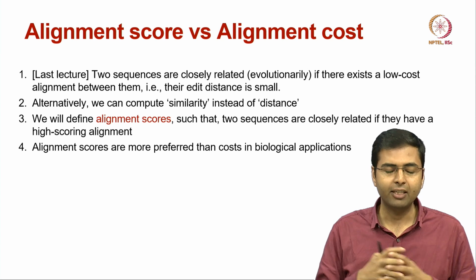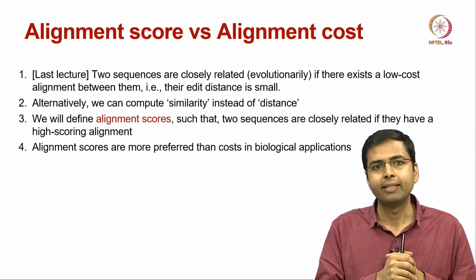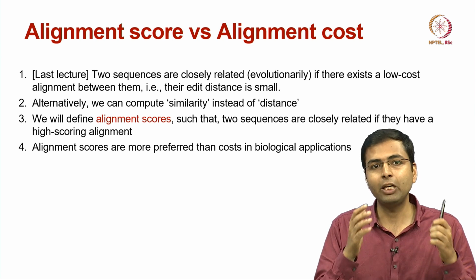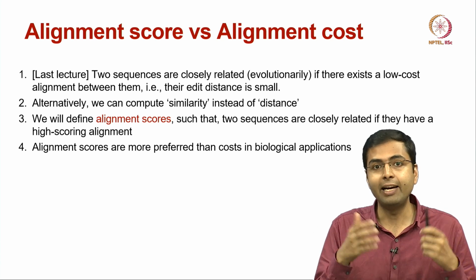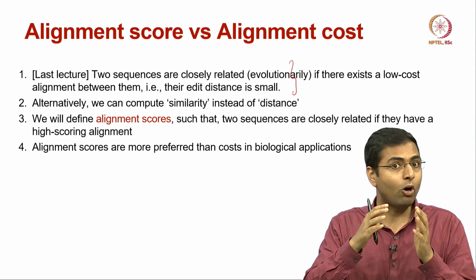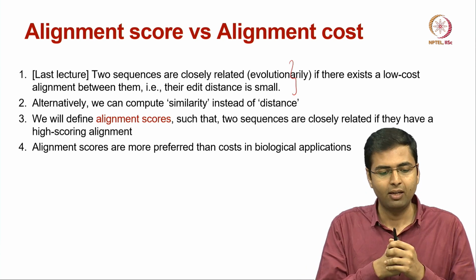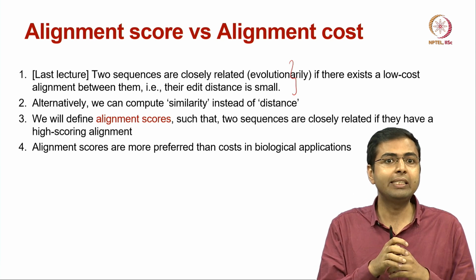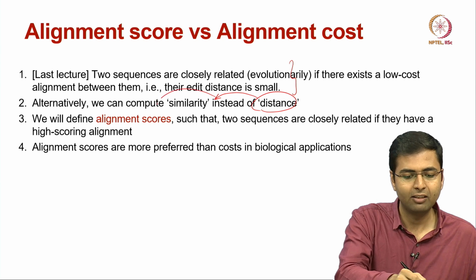Now, in the previous lecture we were using this notion of edit distance, that is, if there is a low cost alignment between two sequences, then we can say that the two sequences are closely related. So, in fact, if the edit distance is small, then we know that the sequences are closely related. But in this lecture we are going to change this notion of distance to similarity.